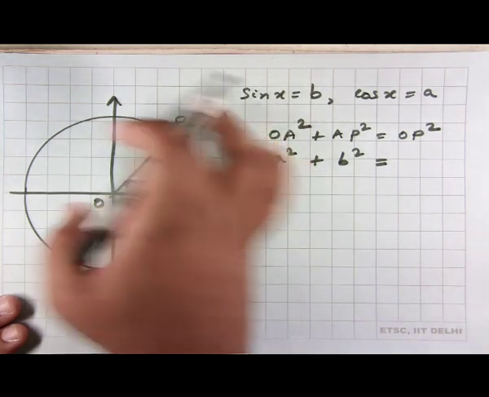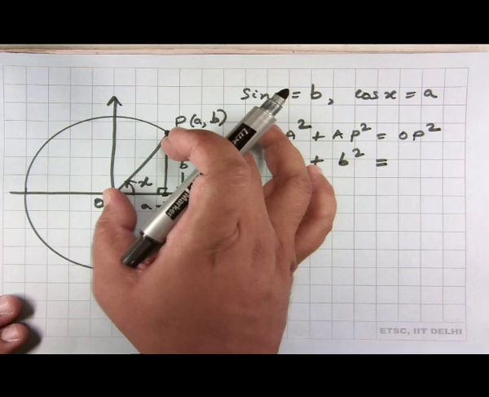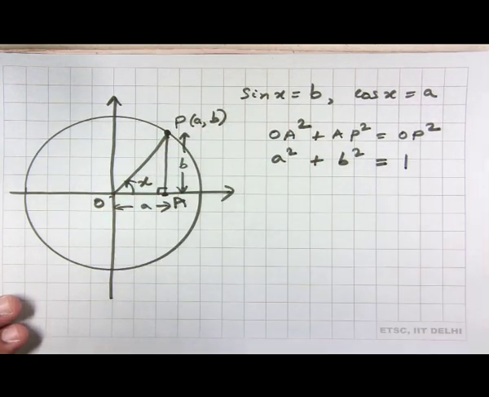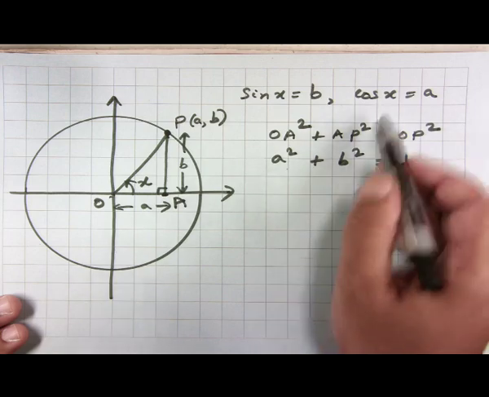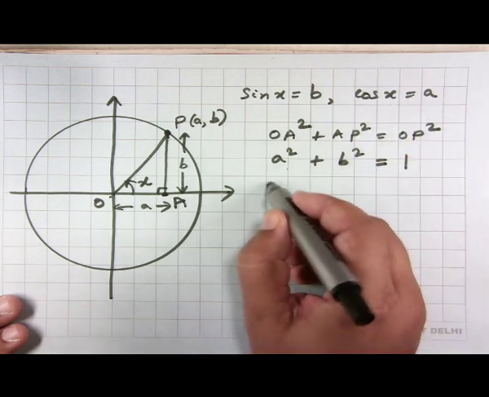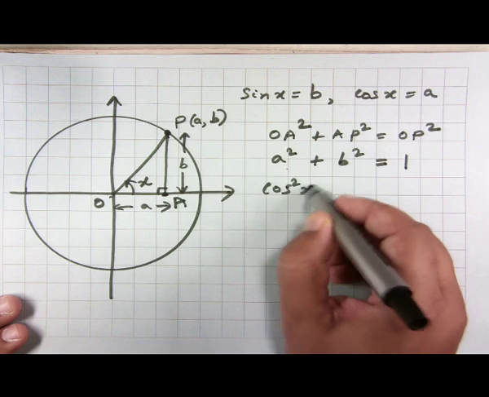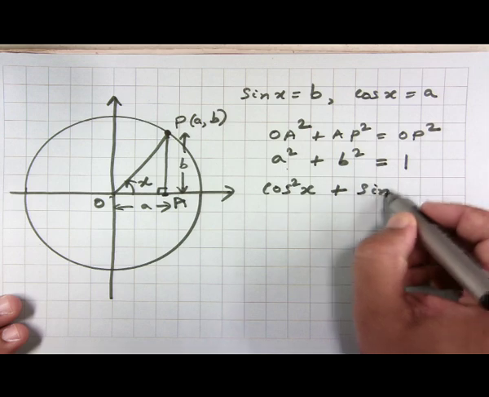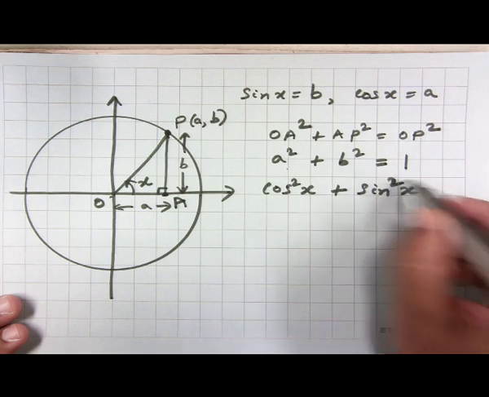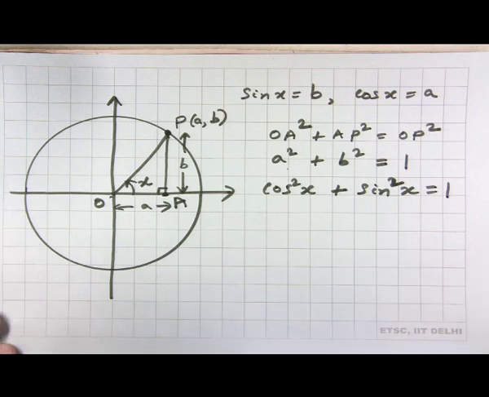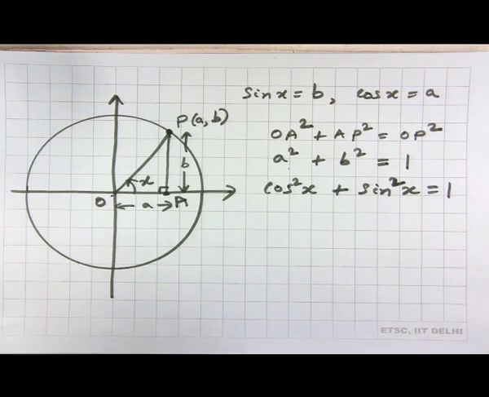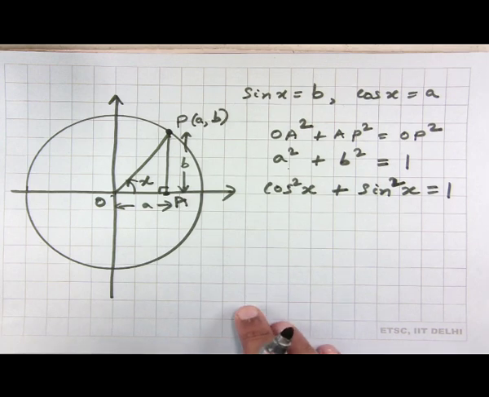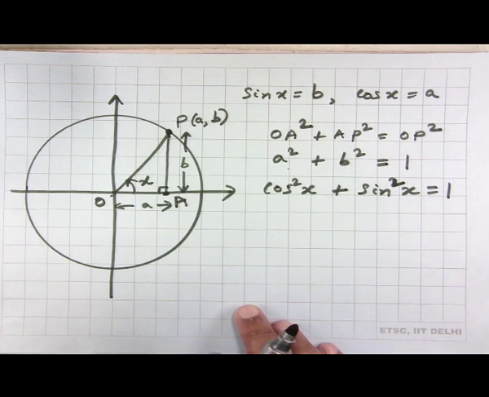Since this is a unit circle, OP is equal to 1, and a is cos x and b is sin x. So what we get is cos square x plus sin square x equals 1. For any x, sin square x plus cos square x is always 1.